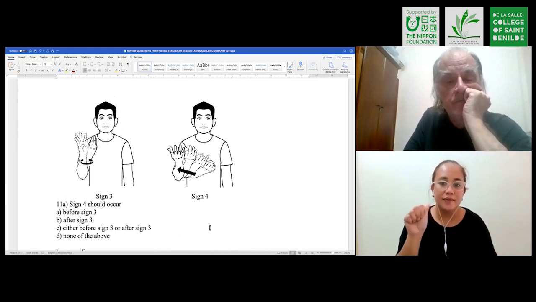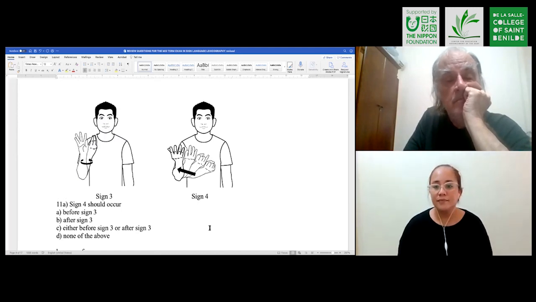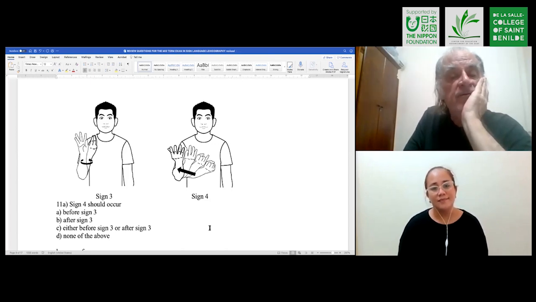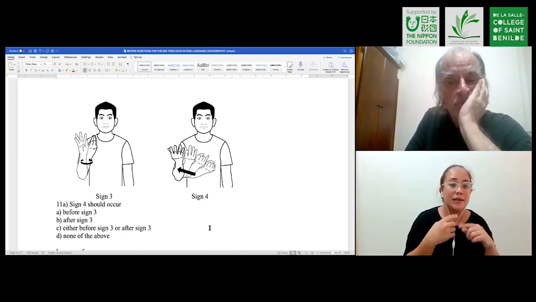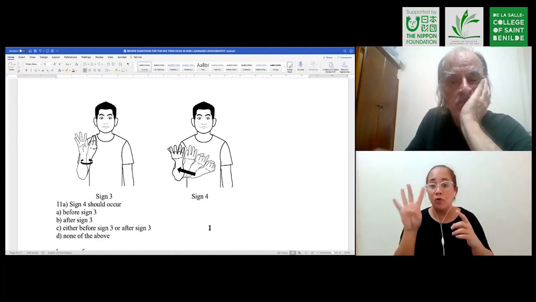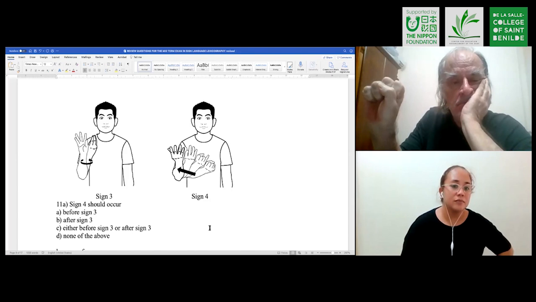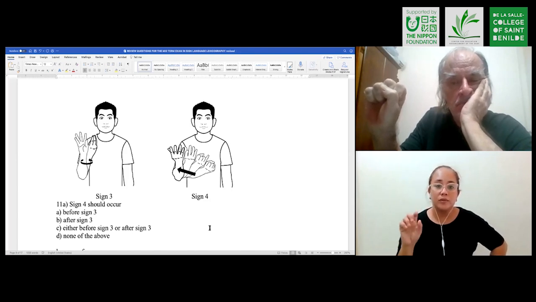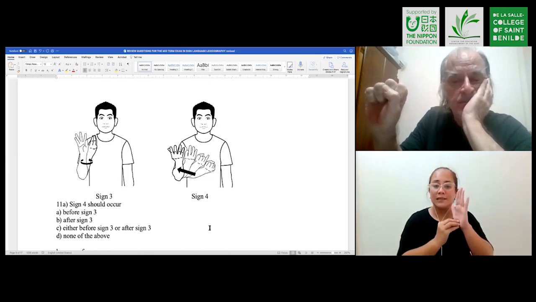I see some B. Jasmine says A. And Kyla says A. Peeb says A. What is the first hand shape in sign 4? Like this, close fist. And what is the first hand shape in sign 3?